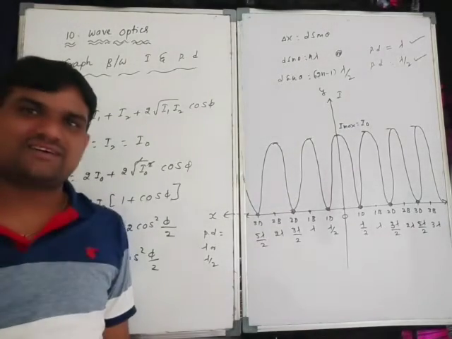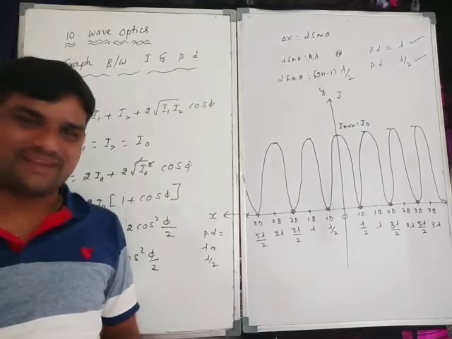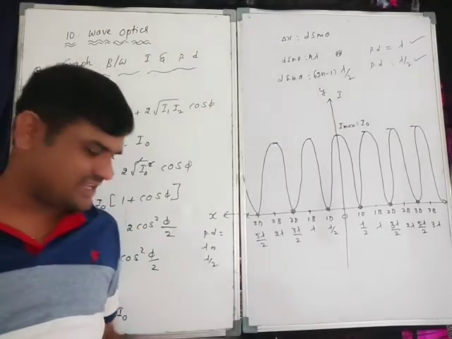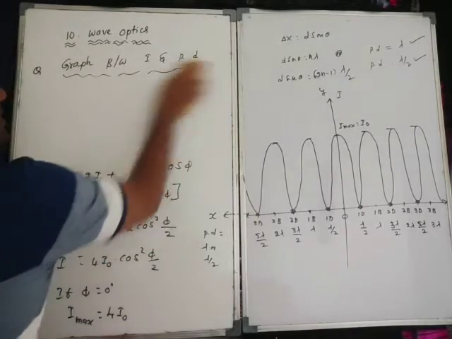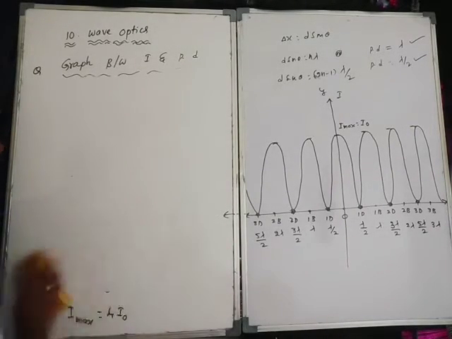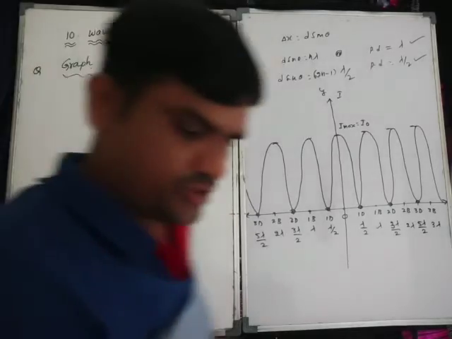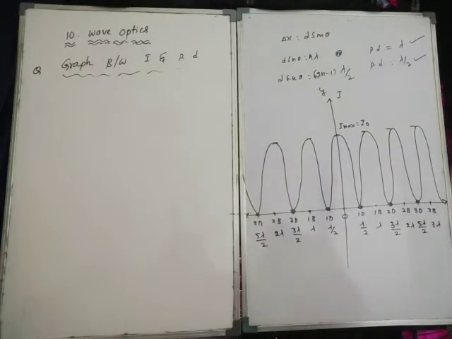Are you clear? So this is the concept of Young's double slit experiment. One more important concept: the shape of fringes.